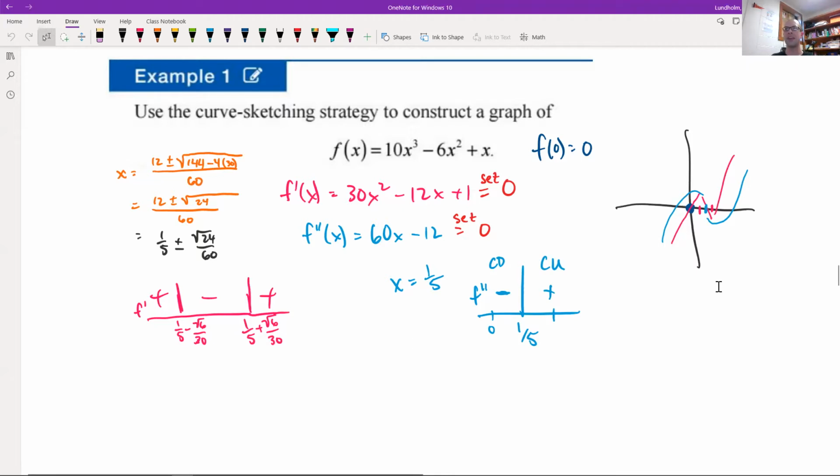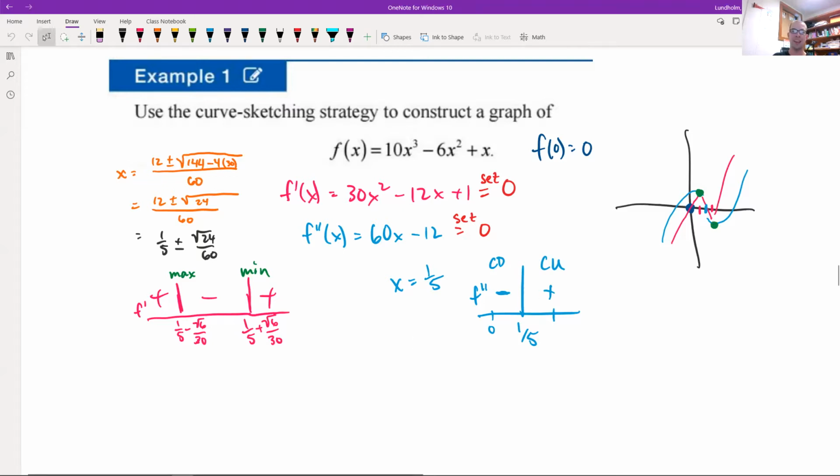I guess the final thing here is to make sure we recognize maxes and mins. If the derivative changes from positive to negative, here we get a max, and here we get a relative min, so that, yes, there should be a max here and a min down here at each of those values.